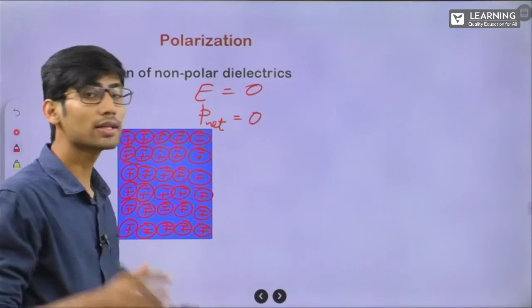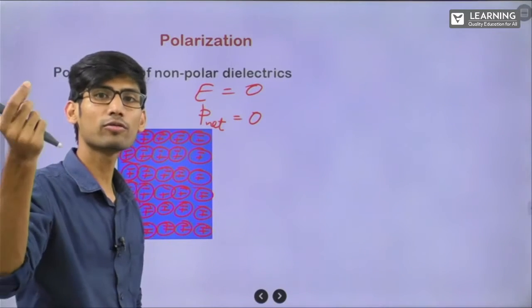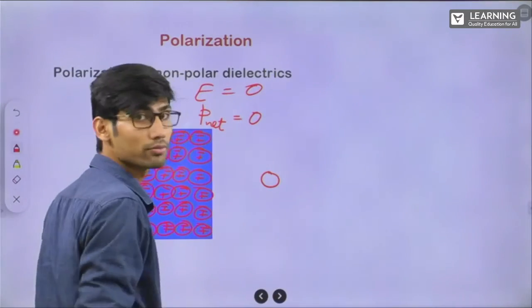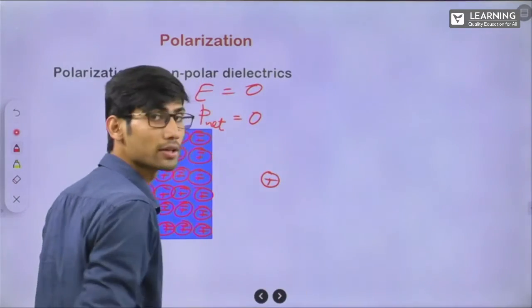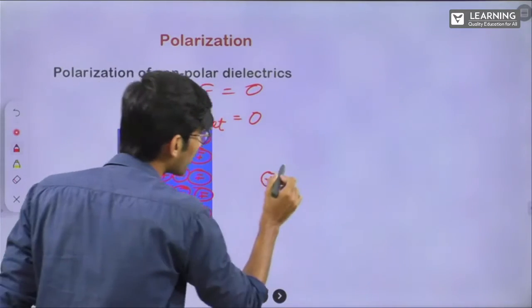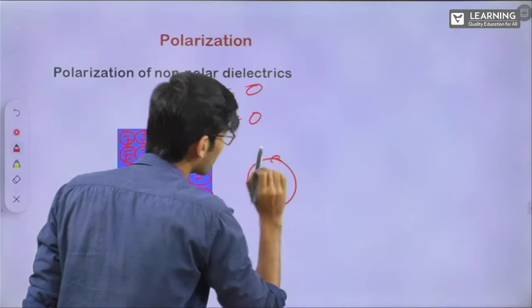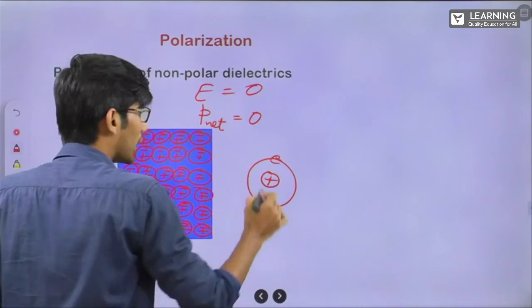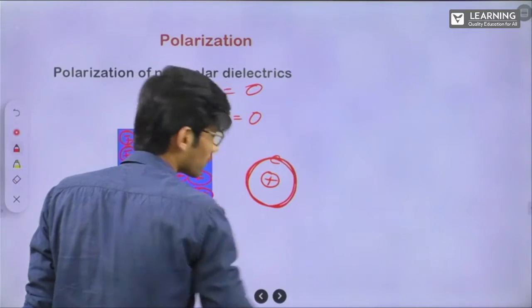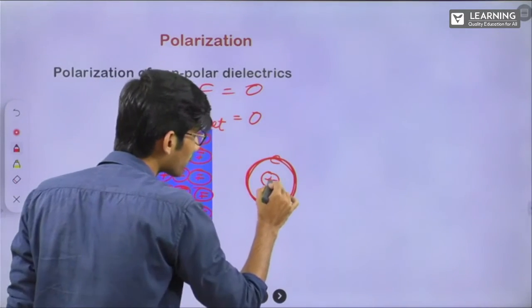Now see, coinciding of the center of negative charge and positive charge means what? Normally, in an atom, the positive charge is at the center. And the electron is here. If you see the orbit of this electron, the center will be here.